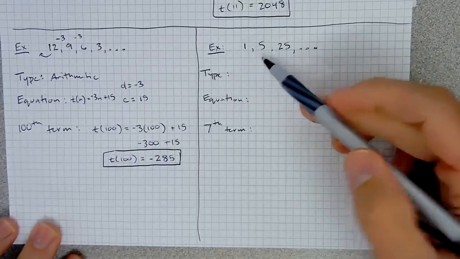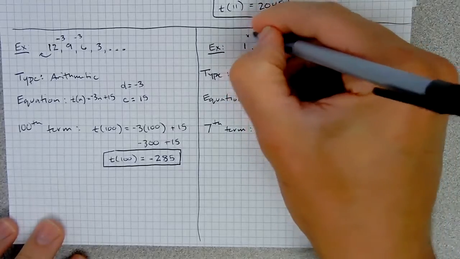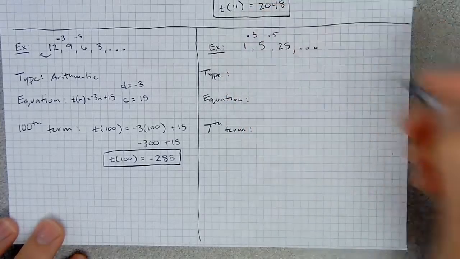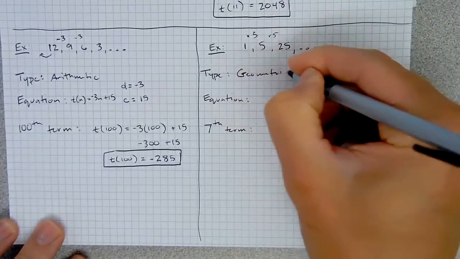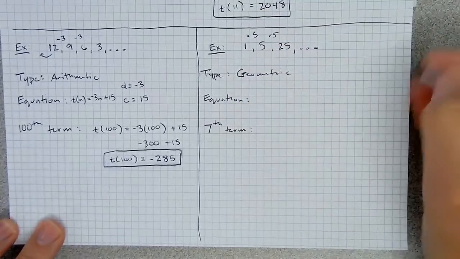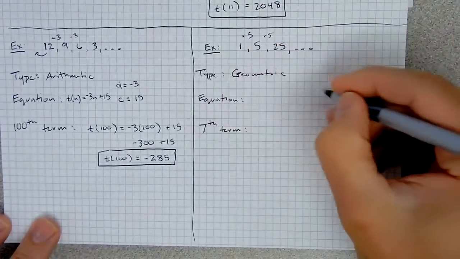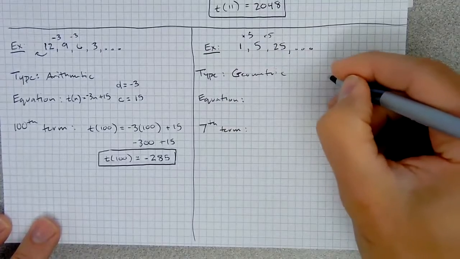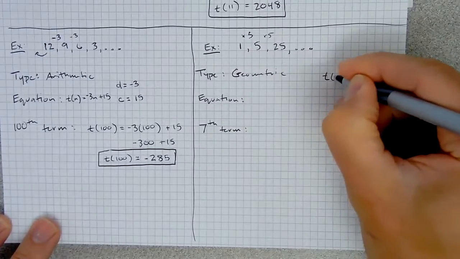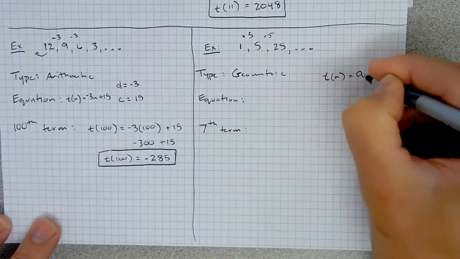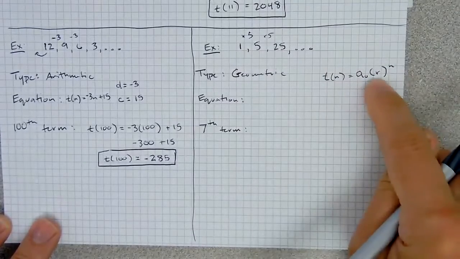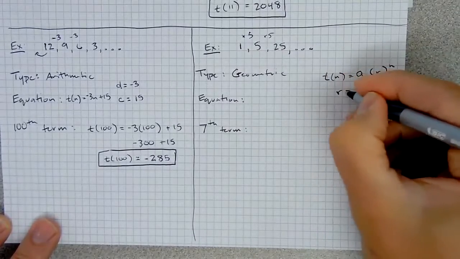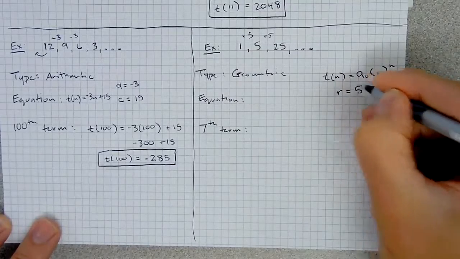Second one, we go from 1 to 5 to 25. We're multiplying by 5 each time. So it's geometric. And remember, T of n equals a sub 0 times r raised to the nth power. Our generator, our r value, we've already found is 5.